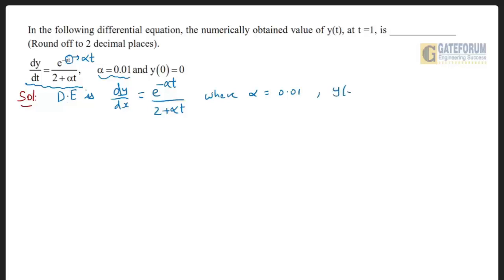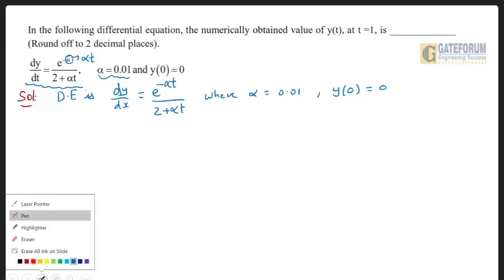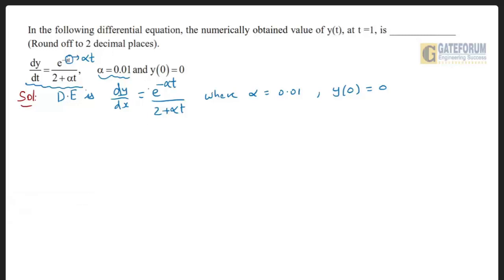y of 0 is equal to 0, given. Okay. From this, this is your function of t comma y variables, and this is y naught, t naught value.